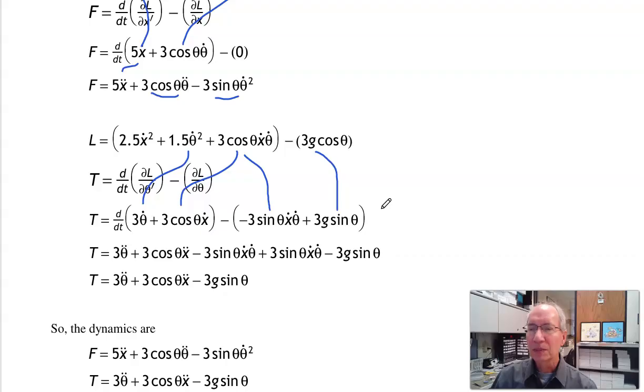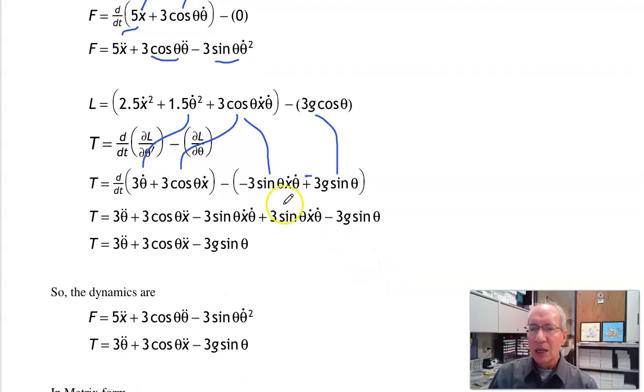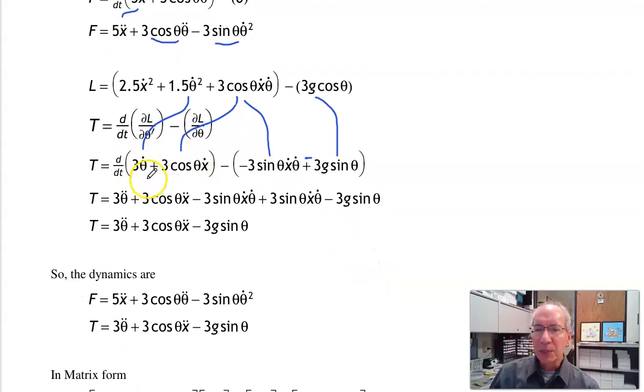Minus g sine theta. I think I got a sign error here. Full derivative with respect to time is theta double prime, x double prime, minus 3 sine theta theta dot x dot. These terms cancel, giving you this for the torque.